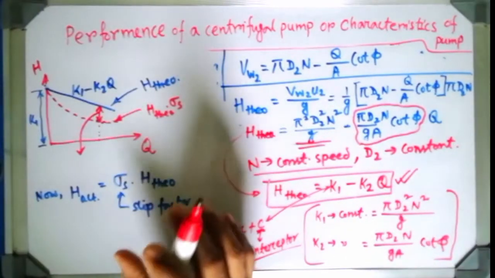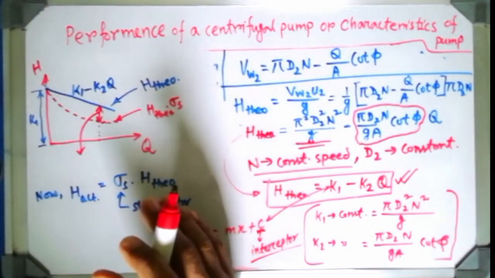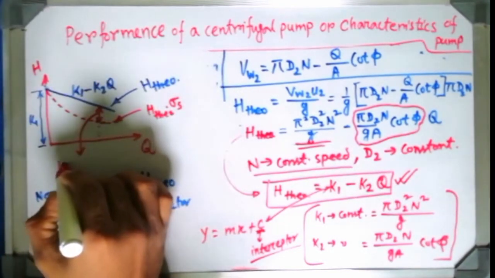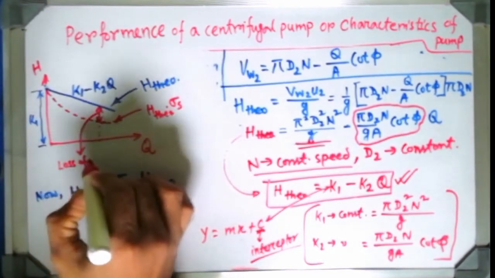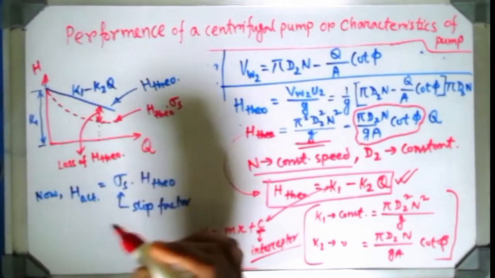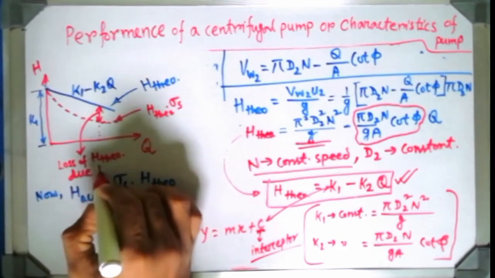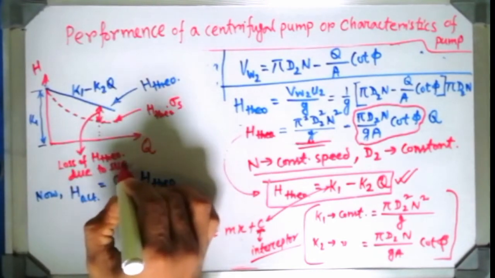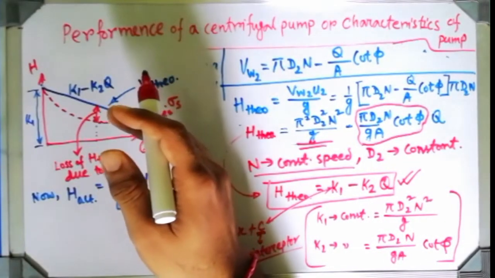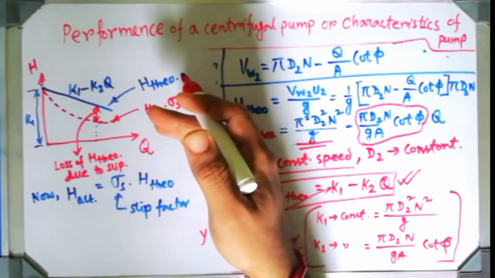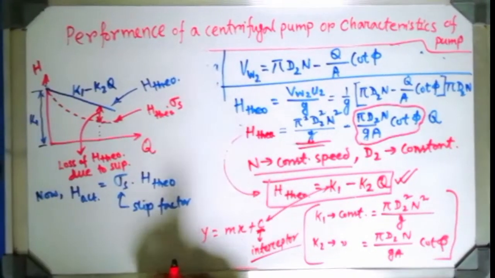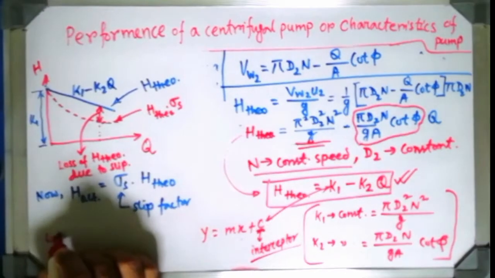It will give you the loss of H theoretical due to slip. So that way, if we consider slip, or if we do not consider slip, this will be the head versus discharge curve.